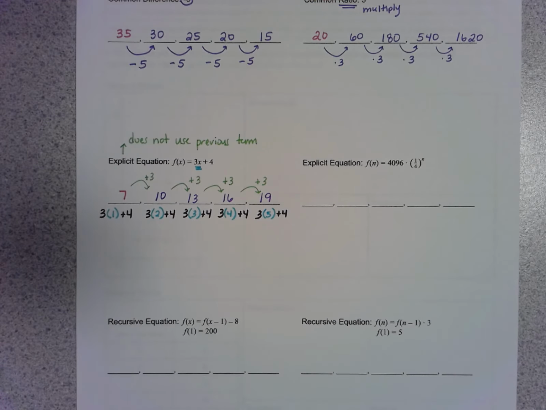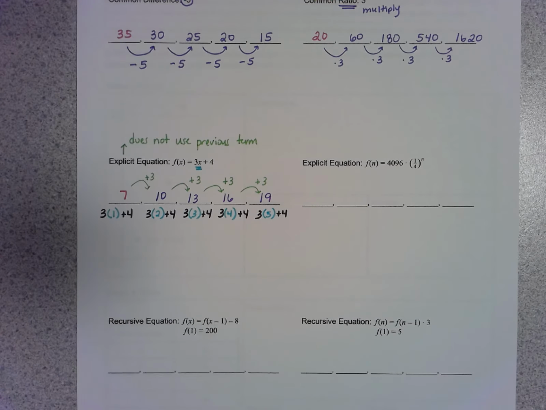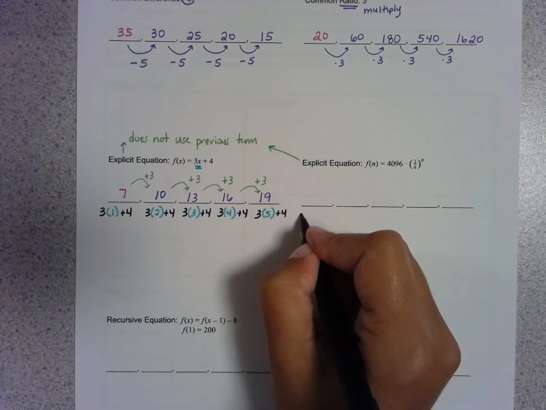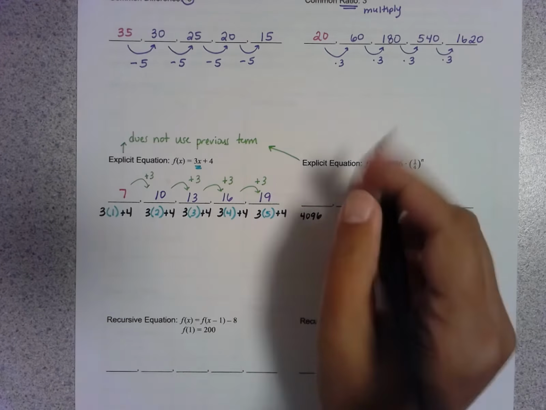For an explicit equation, if I'm looking at this equation right here, I can tell that this is a geometric sequence because there's an exponent, and it's again explicit because it does not use the previous term. So same for both of these. Just like before, to figure out the value of the term, I'm just going to plug in my number. So I'm going to take 4096 times 1/4.